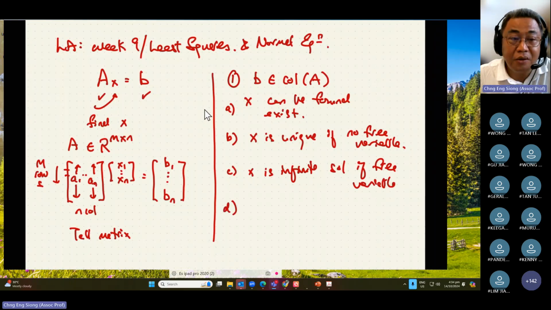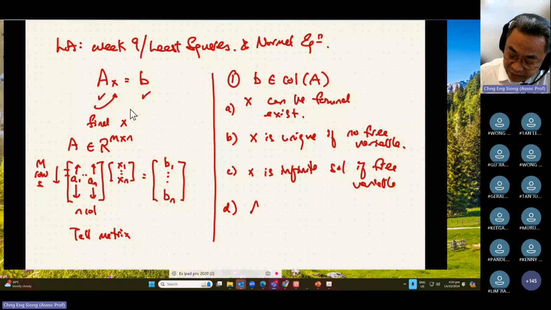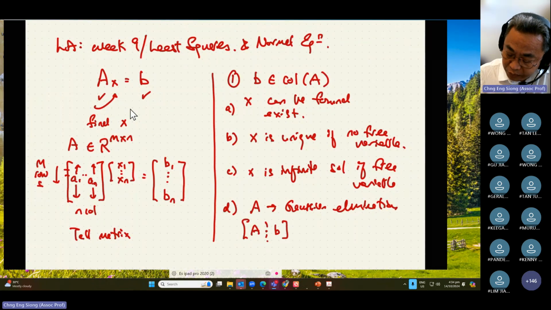The last one, when b is in the column space of A, then when we do Gaussian elimination, what can we see in A? The augmented matrix A and b, after Gaussian elimination, will become?